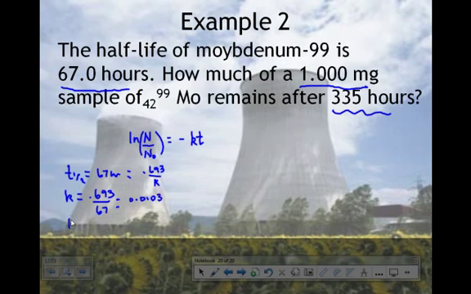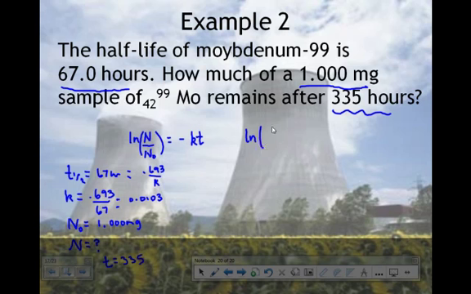What was my original amount? Let's see, I had 1 milligram to start with. And what I want to find out is how much do I have left now after 335 hours have gone by. So let's get started solving this problem.